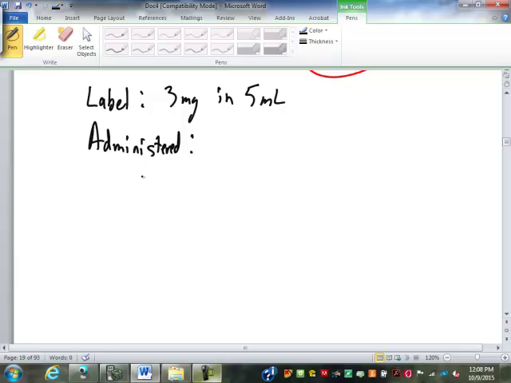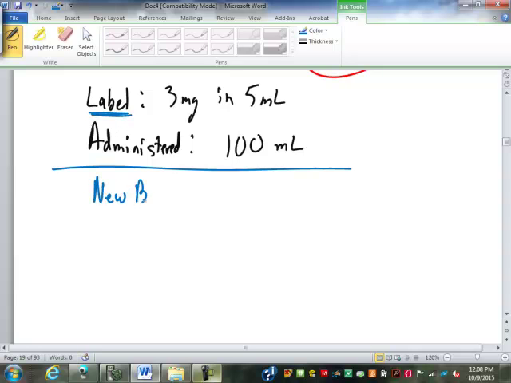Looking at the chart, what was administered the last time around was 100 milliliters. Problem is, this bottle is now empty. New bottle is labeled 2 milligrams in 15 milliliters.